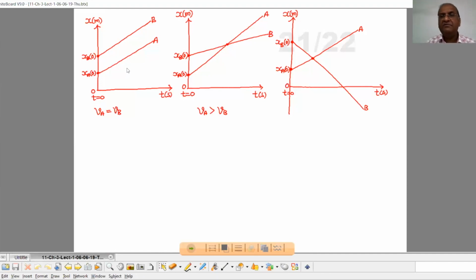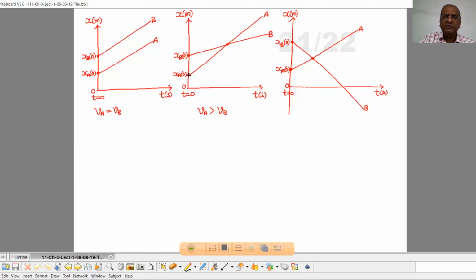So if we calculate velocity from the graph, it will be the same for both, so we can say VA equals VB. In this case, at any instant the relative position of the objects remains the same, equal to the initial relative position. Clear?